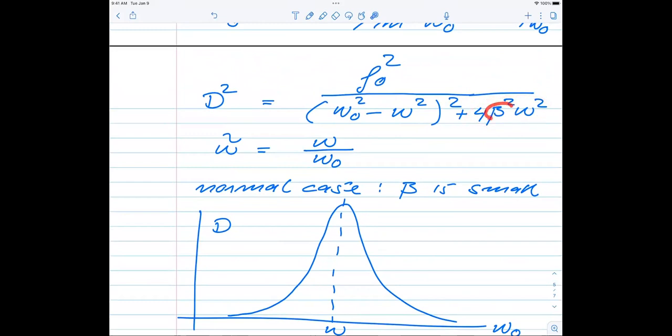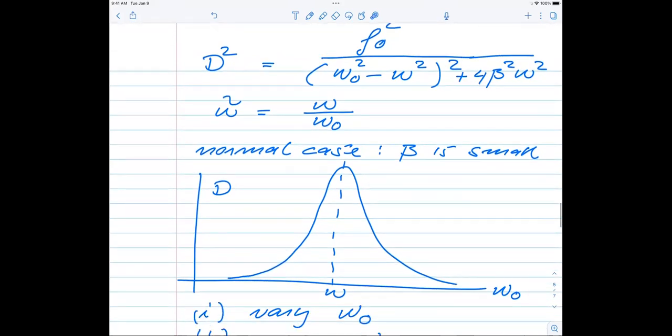Now we have assumed that beta is small, so the denominator is going to be small, and D is large. But it depends on the value of omega here. We are going to have a small number multiplied with an omega, and that means this is the case when D will start peaking.